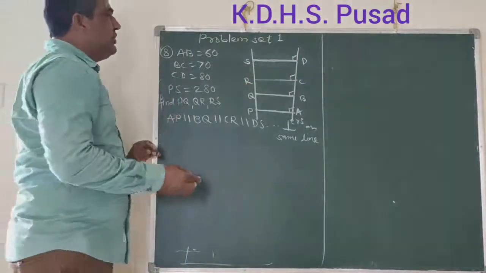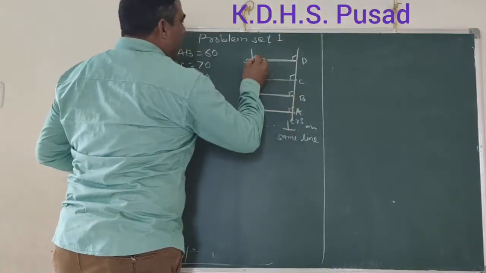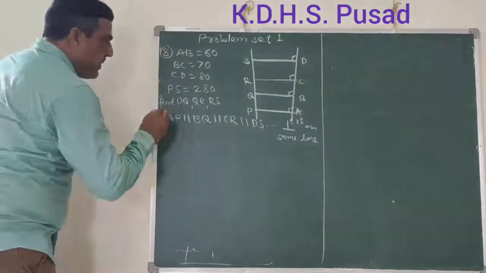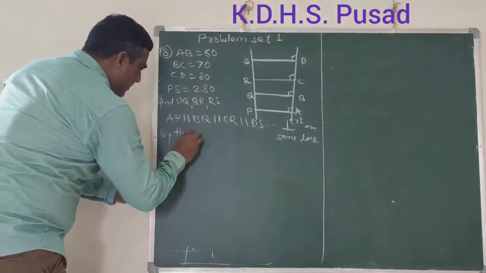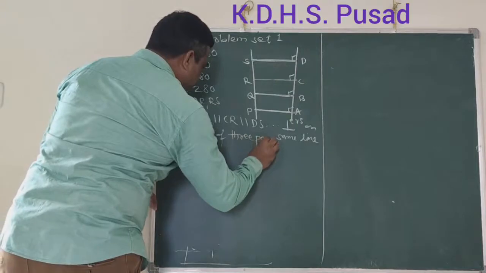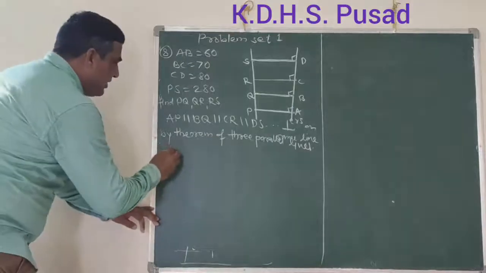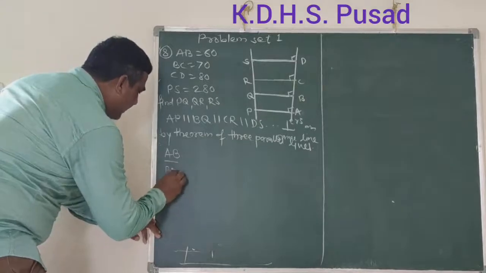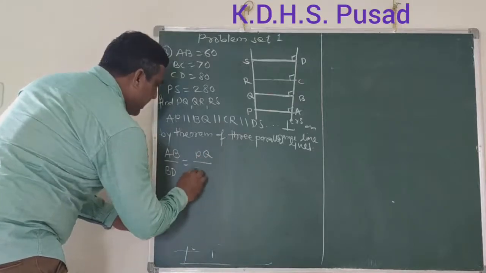Or you can use this one also. So here I use AP, BQ, and DS. Okay. So here, by the theorem of 3 parallel lines, AB by BD is equal to PQ by QS.